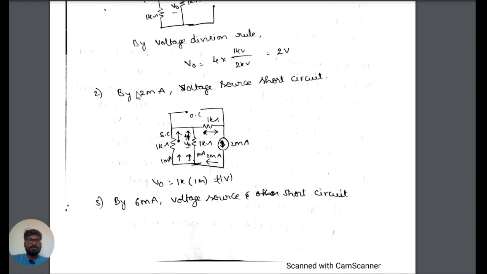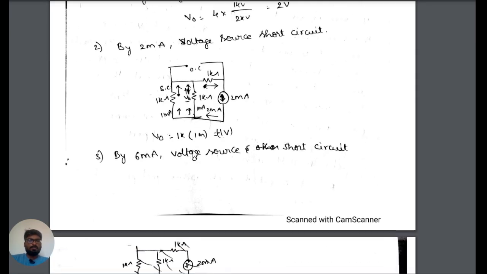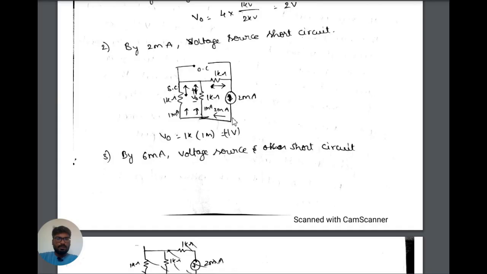Now considering the circuit with the 2 amp source, the current direction is downwards. Here 2 amps is flowing, and there are equal resistances, so we can apply the current division rule to find the current flowing in each branch.